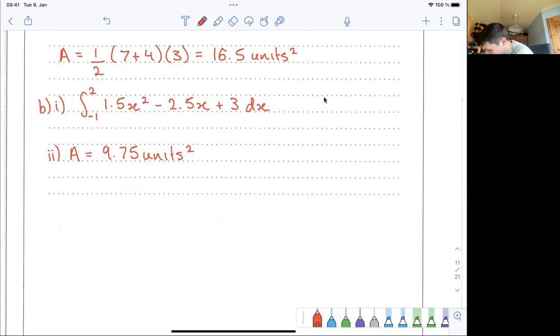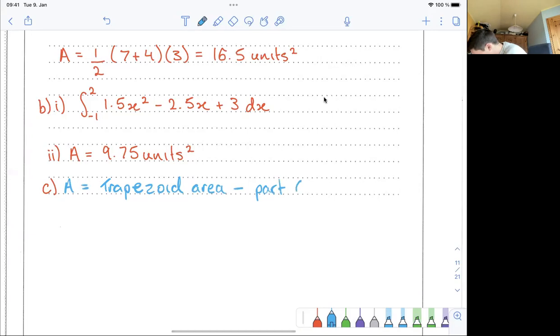And so for C, the area is equal to the trapezoid area, because that's what IB calls these shapes, subtract part B2 area.